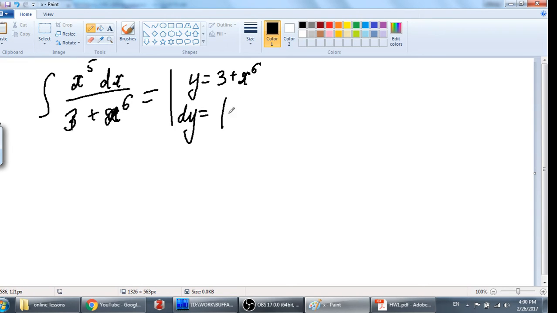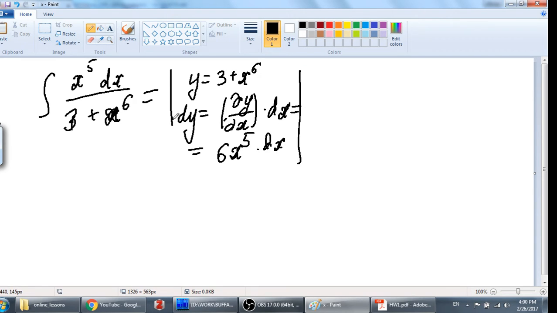dy is basically the derivative of y with respect to x times dx, which is equal to the derivative of 3, which is 0, and the derivative of the other term is 6 x to the fifth, and we don't forget about the dx, right? So that's our change of variables, and that's how our differential changes.